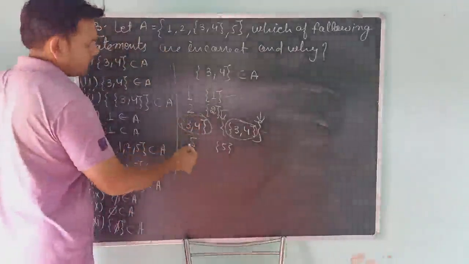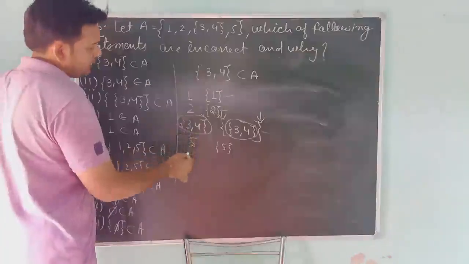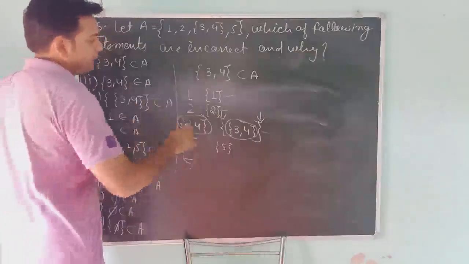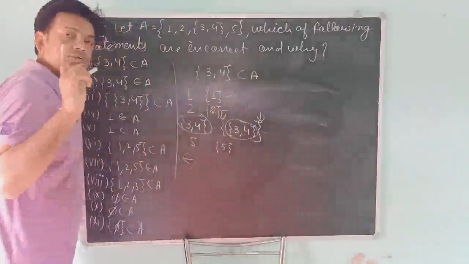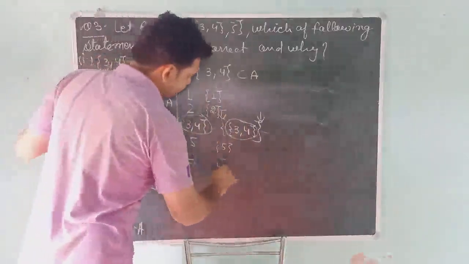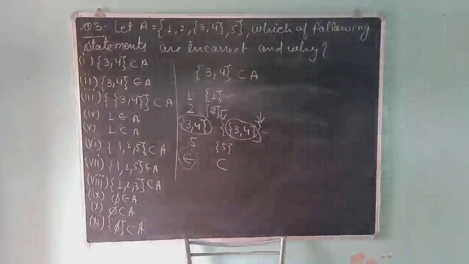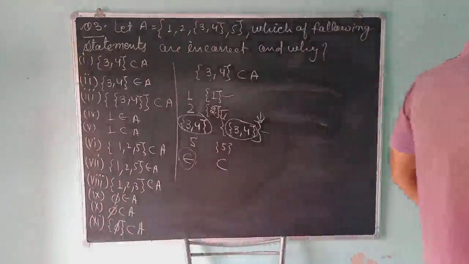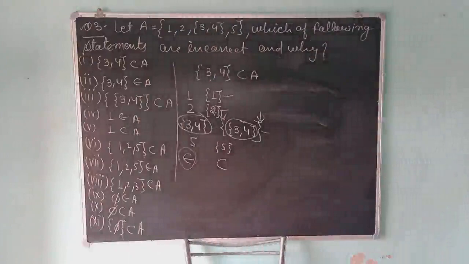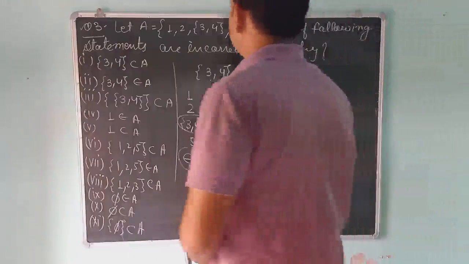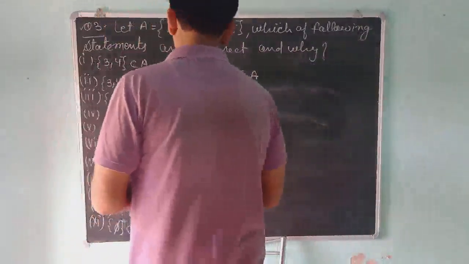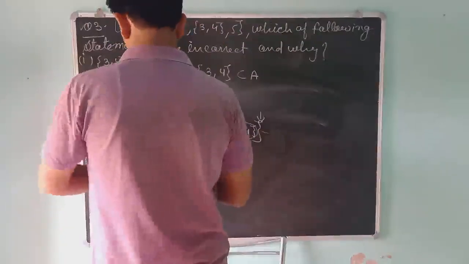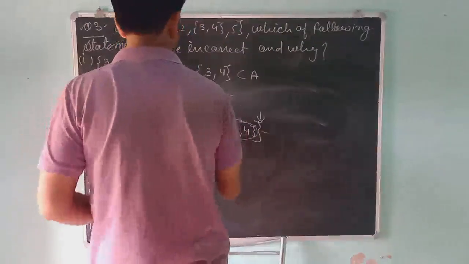These four elements will get only the symbol of belongs to, but these are subsets, so we will use the symbol of subset here. So students, according to my opinion, the first statement is incorrect.